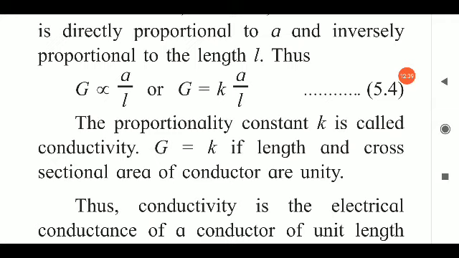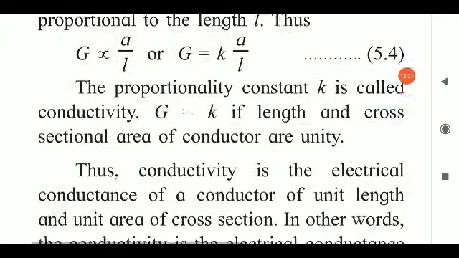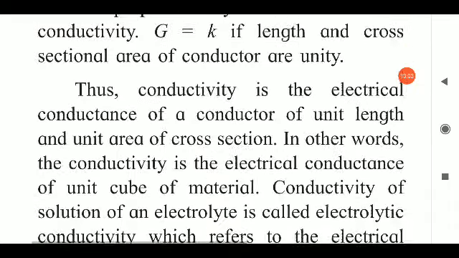Therefore, according to this relation, we can say that G is equal to K if the length and cross sectional area of a conductor are 1, that is unity. It means if the area is 1 centimeter square and the length is 1 centimeter, then the relation becomes G is equal to K.